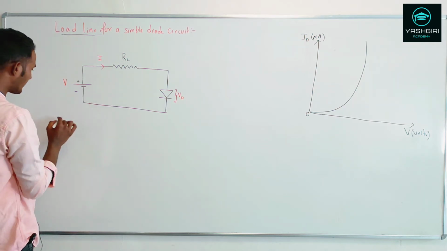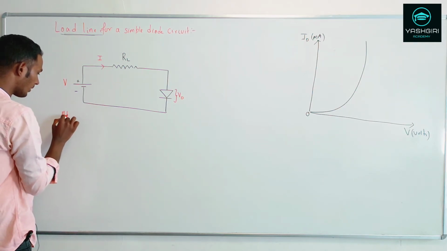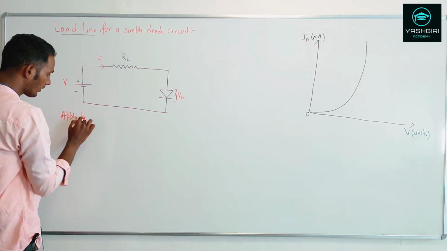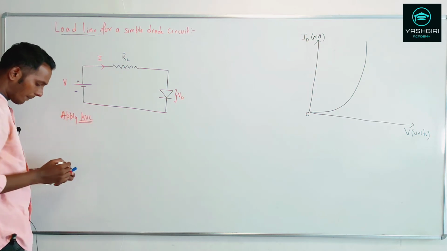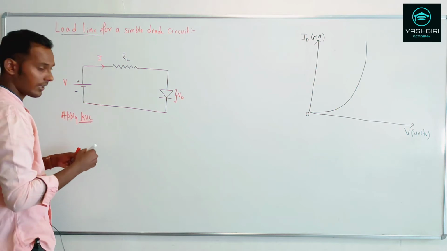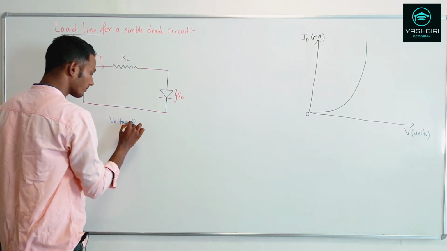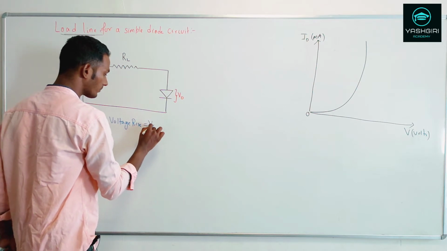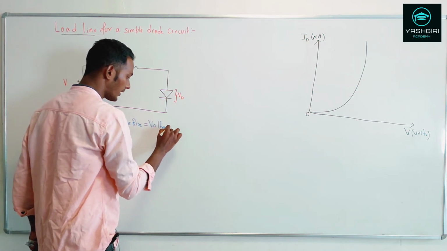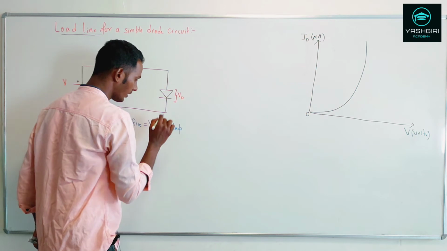To plot this load line, let's start with KVL. Let's apply KVL for this circuit. KVL says the voltage rise is equal to the voltage drop.